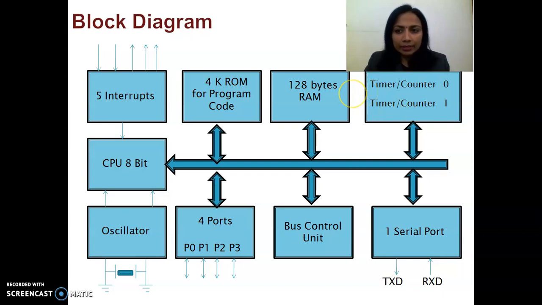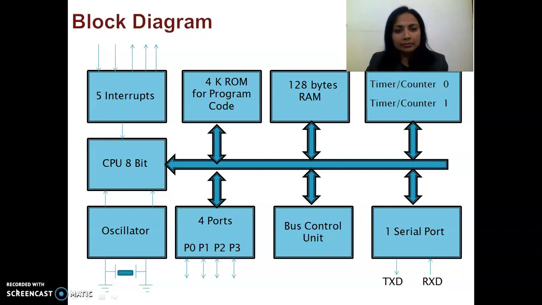Out of these 5 interrupts, 2 are external hardware interrupts, 2 are timer interrupts, and 1 is used for the serial interrupt. By looking at the block diagram, you will also get to know about the basic features of 8051 microcontroller.